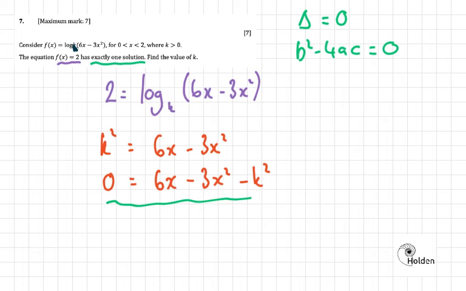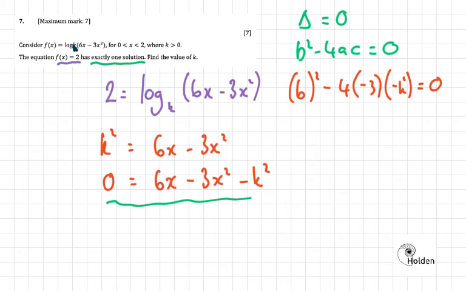So let's have a look at what we've got. Our b is 6, and our a is negative 3. Let's get the signs right. 6 squared minus 4 times negative 3 times negative k squared is equal to 0.